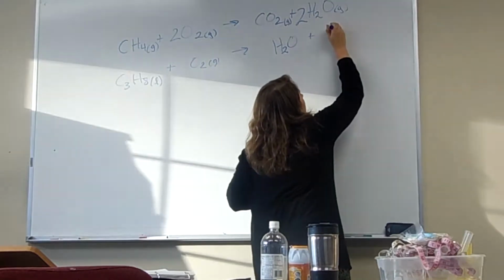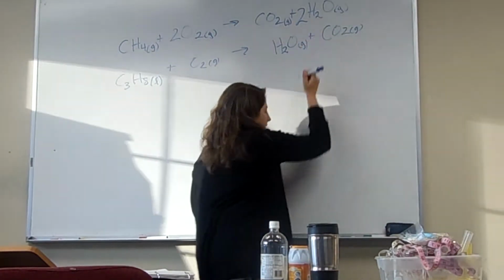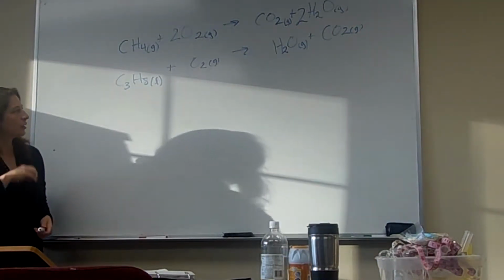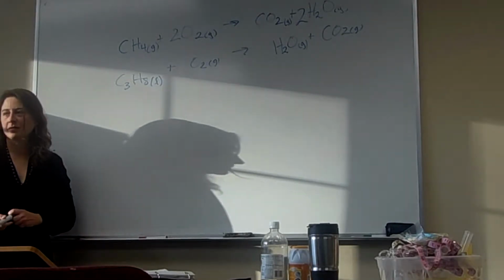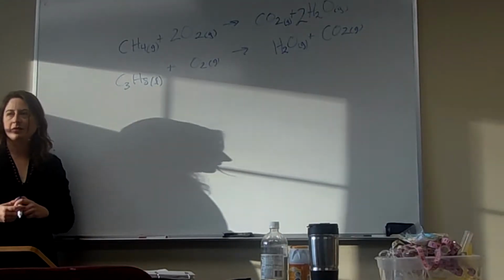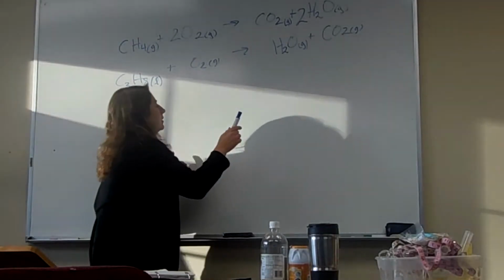And how would I balance? So if I want to balance that, what do I need to do? Where would you start if you're balancing that? You'd have to double the carbon and hydrogen on the left side. This one?